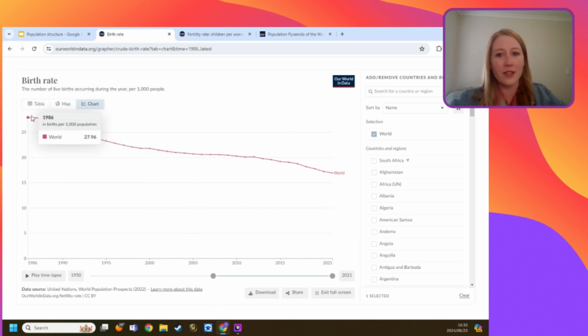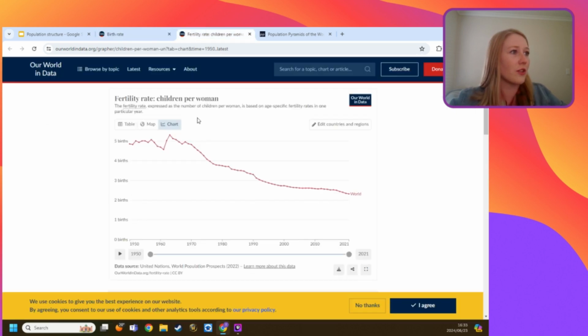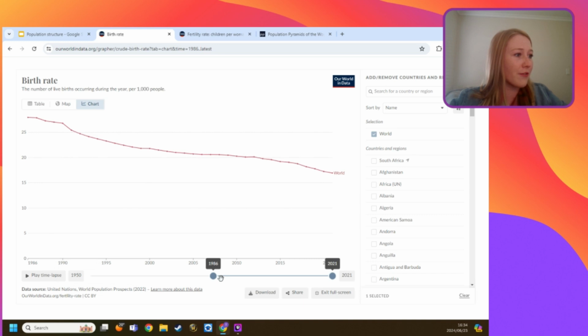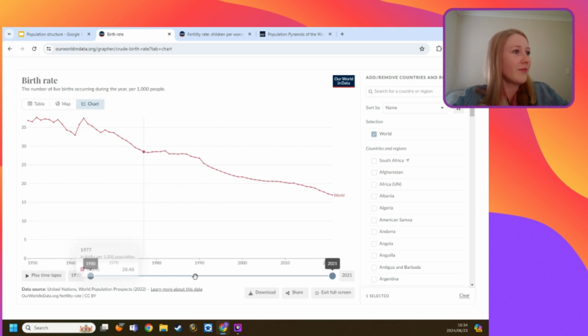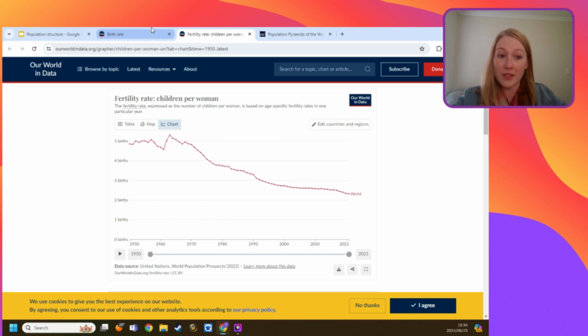It looks like this has much less of a decrease compared to this that suddenly has a dramatic decrease. So I always make sure that my graph starts and ends at the same year, so I'm looking at the same time frame. Okay, but in both cases, there has been a decrease.